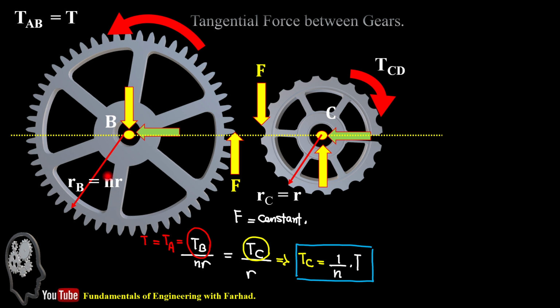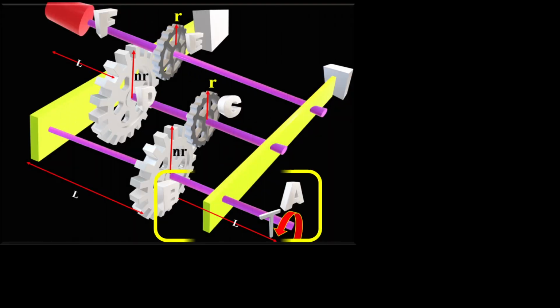And now, so far we get the torsion in the second gear. So far we had the relation between gear B and C based off the torsional torque applied at the free end A. Now let's jump to the second set.